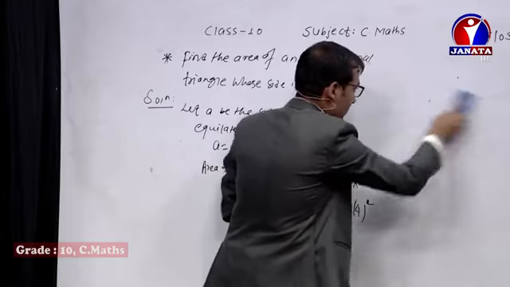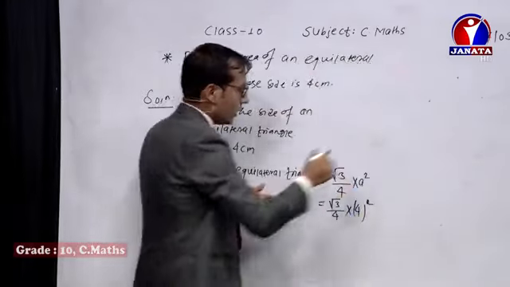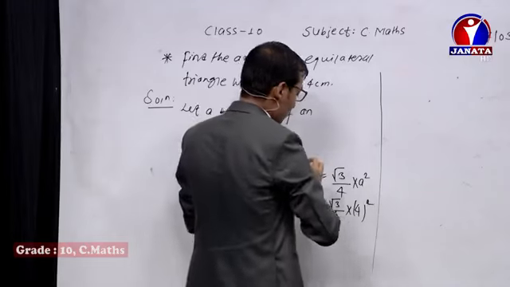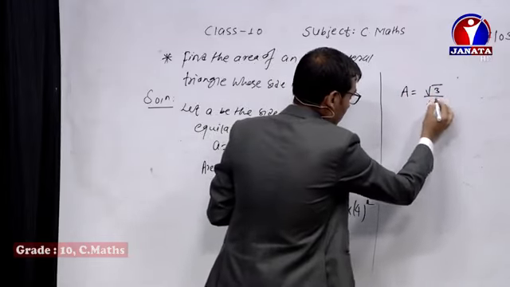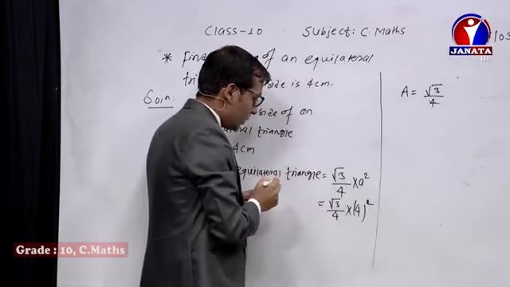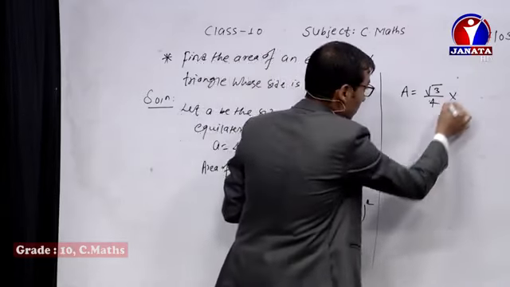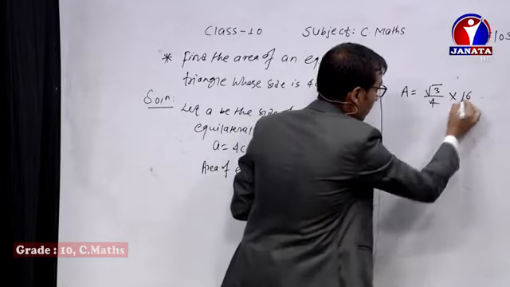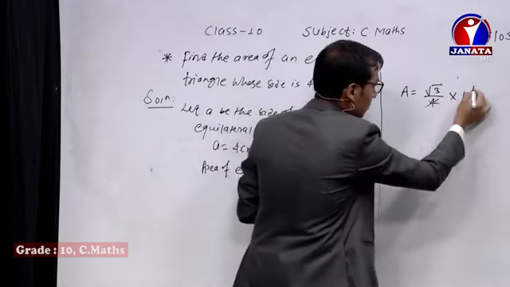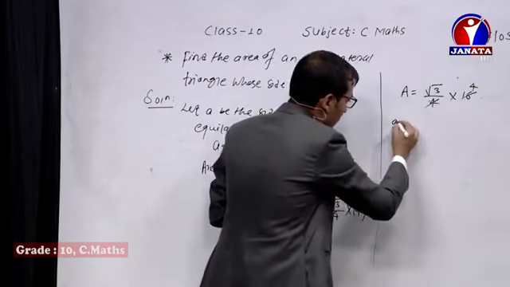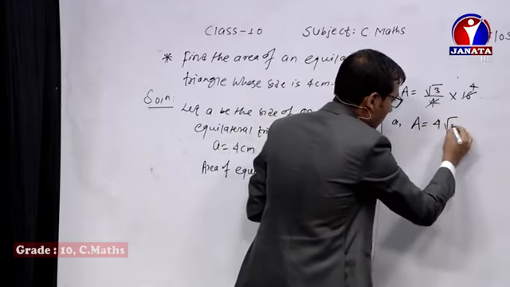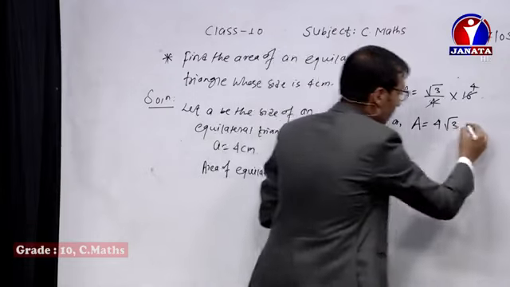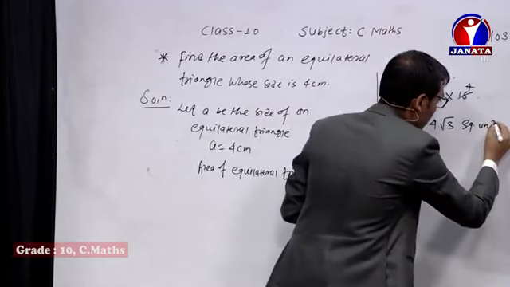So the area of this equilateral triangle is square root of 3 over 4 times, what is 4 square? It's 16, so we can cancel 4 and 16, and the area is 4 times root 3 square units.